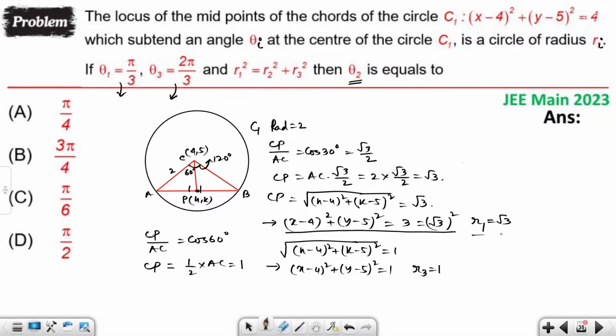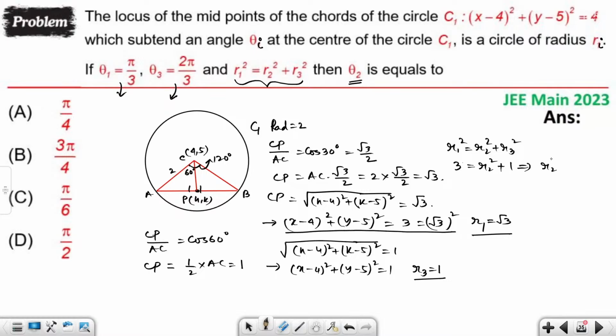So now you know R1, you know R3. From this condition, we can easily find out my R2. R1 square is R2 square plus R3 square. So R1 square is 3, R2 square I don't know, and R3 square is 1.